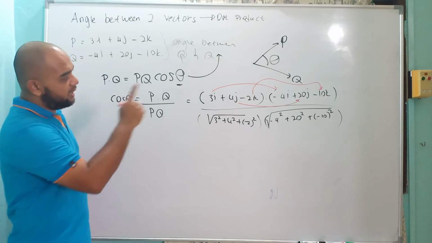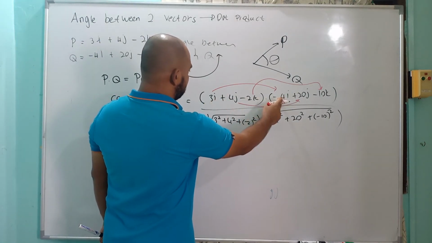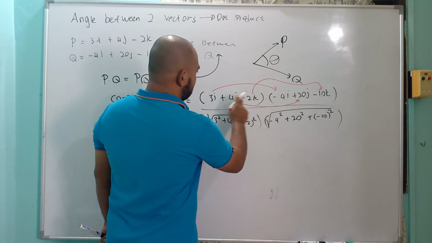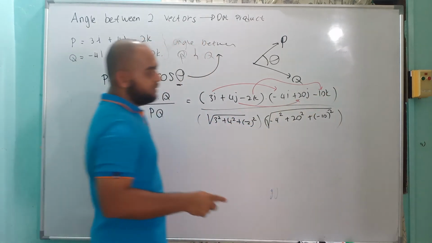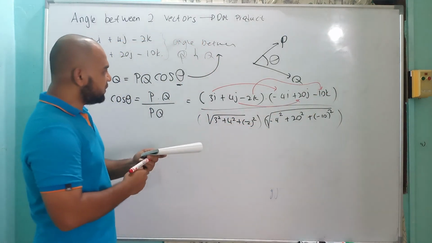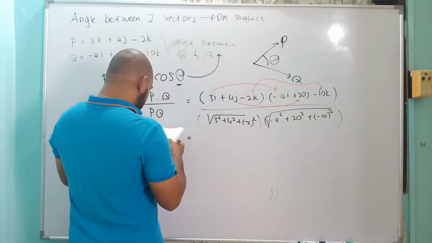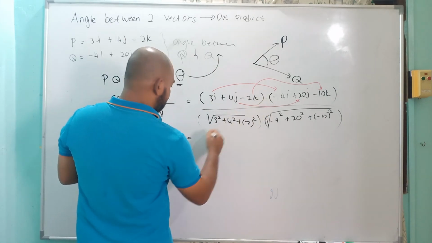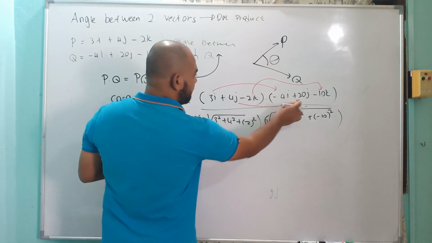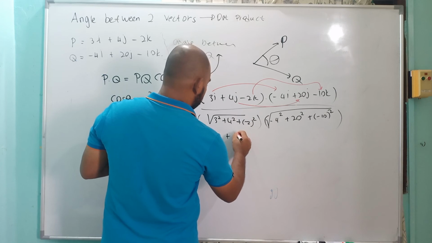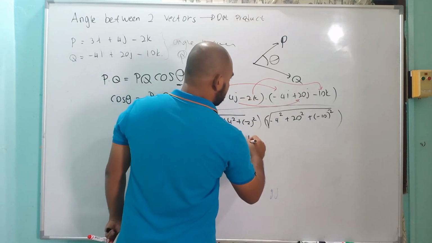So 3 times negative 4, that is negative 12, plus 4 times 20 is 80, plus negative 2 times negative 10 is plus 20.